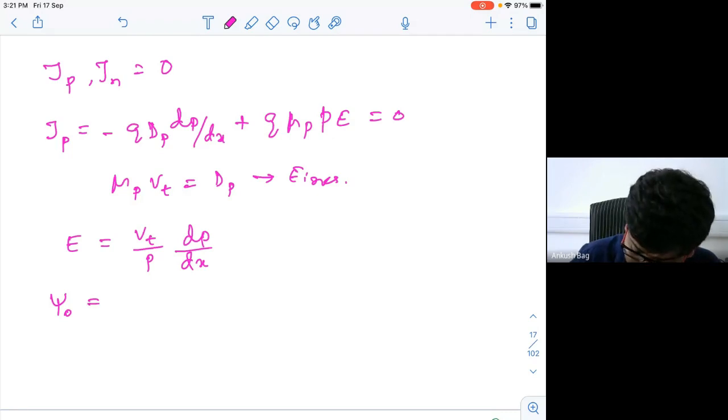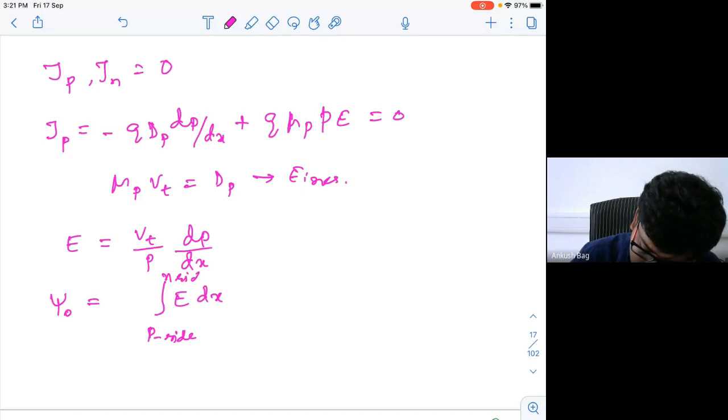So this is the integral of E dx from the P side to the N side, and here we will have a negative sign. Overall our objective is to find the value, so that means the absolute value. So we'll take the mod of this overall integration.